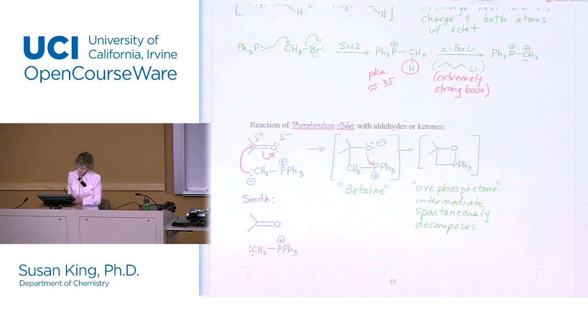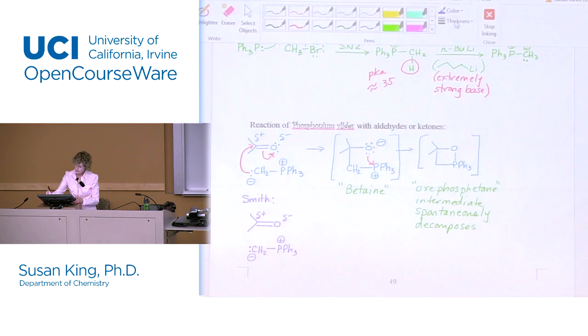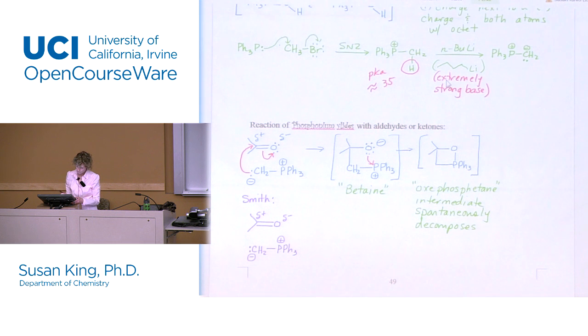So it's going to situate itself just like we did there, where the negative charged carbon is adjacent to the positively charged carbon, and the positively charged phosphorus is adjacent to the negatively charged oxygen, and then it does this all in one step, like that, to go directly to the oxaphosphatane.